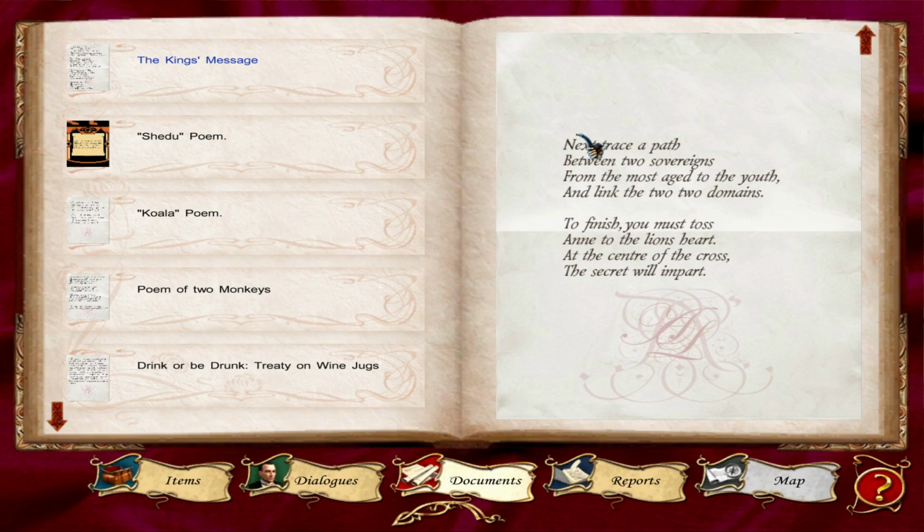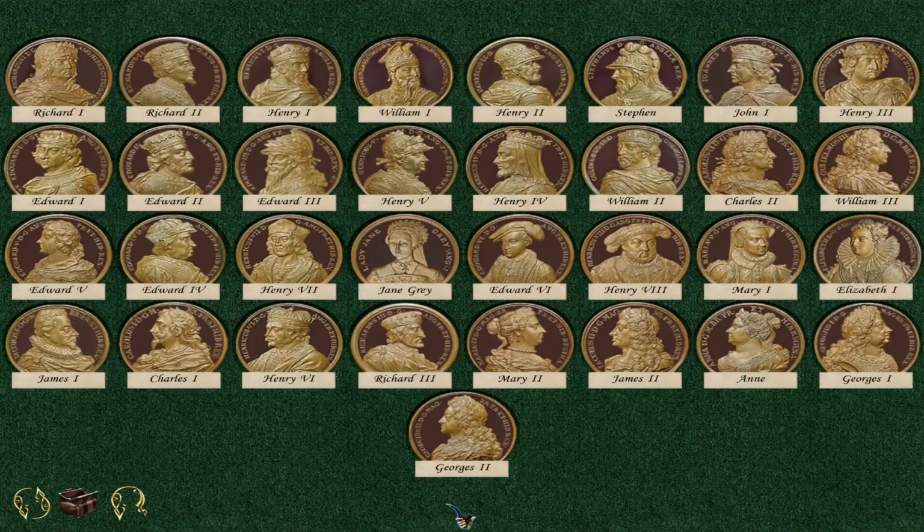To finish, you must toss Anne to the lion's heart. I mean, that's Richard the Lionheart, but I don't know which Richard was Richard the Lionheart. I'm assuming it's the first, right? Is there a second Richard? There is, right? Yeah, Richard the Lionheart, right?